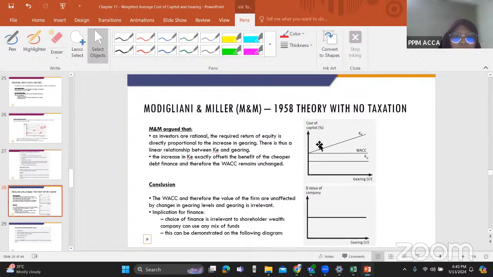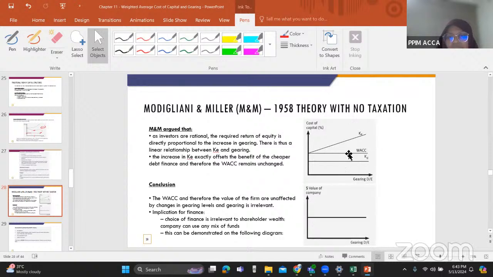When the debt increases, the cost of equity will also keep on increasing, because they understand that as the gearing increases, the risk increases. So although we are taking more and more debt, and although debt is cheaper than equity, the increase in the cost of equity will exactly offset whatever savings you're making because of cheap debt. Ultimately, the WACC remains constant.